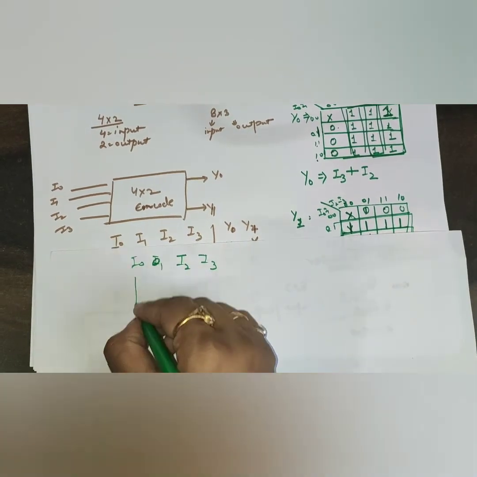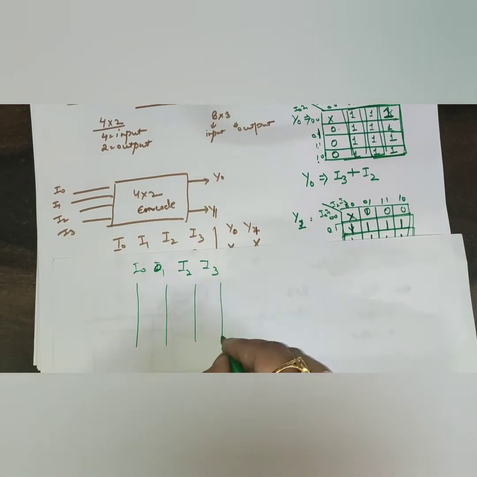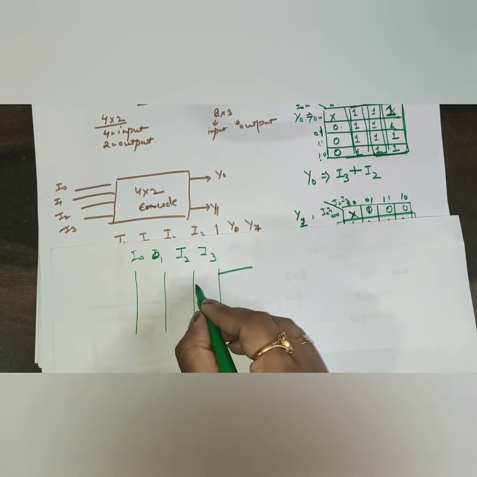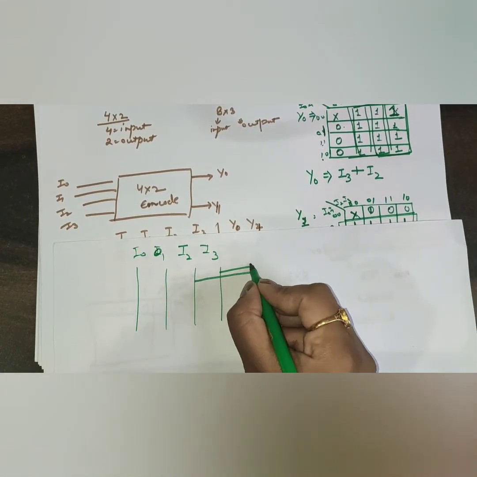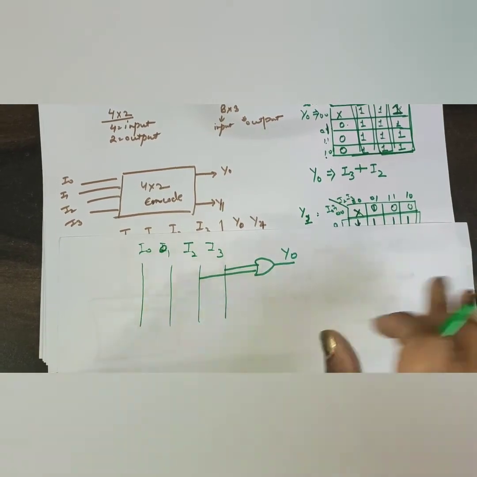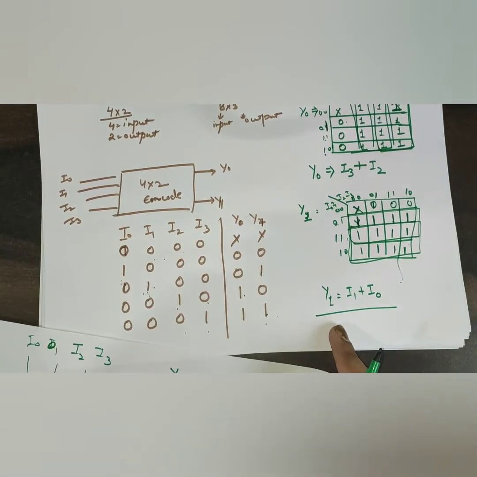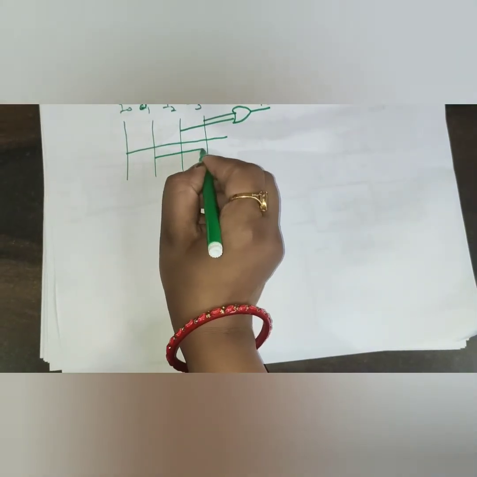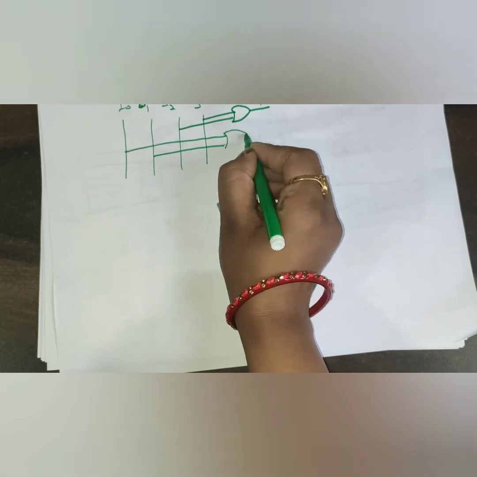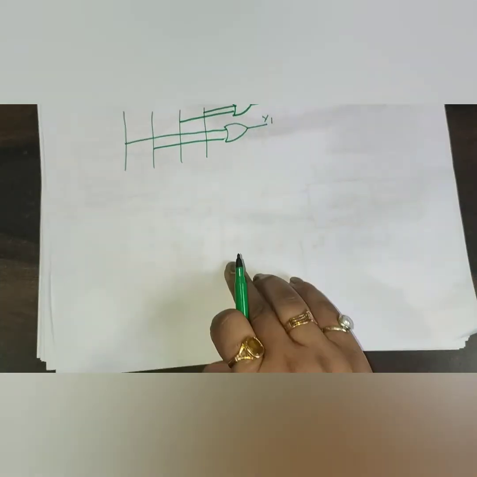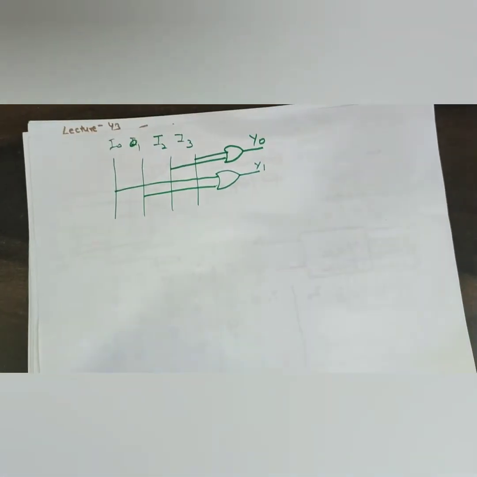Yes. So it will make like this. I3, I2, OR like this for Y0, and for Y1, I1 and I0 ORing. I1 and I0 OR, that will be Y1.